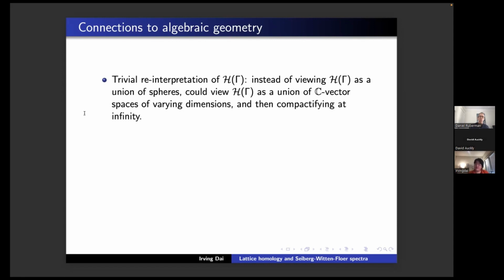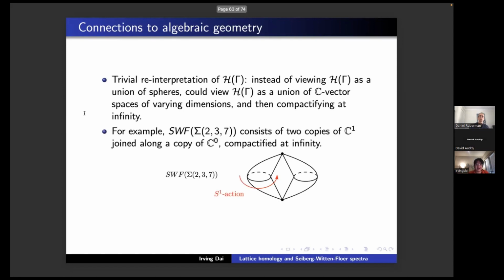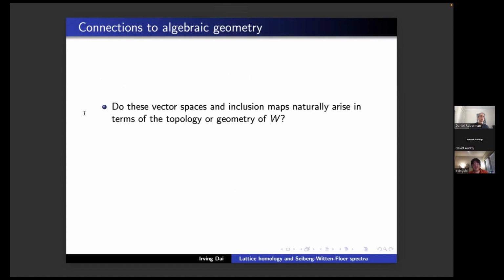Do the fact that I have some collection of vector spaces of particular dimensions that intersect along subspaces of particular dimensions have any meaning? That is to say, do these vector spaces and the fact that they're subspaces of each other arise naturally in terms of the topology or geometry of any of the objects under consideration, in particular this plumbing W?